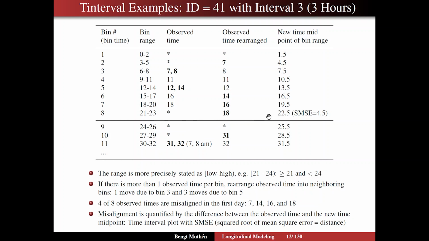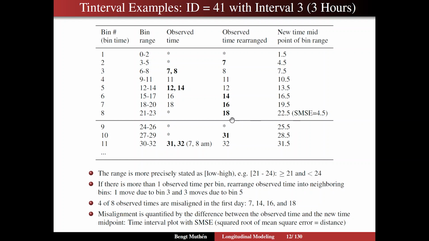So the distance, which is used to gauge the misalignment issue, is 4.5 for that person. And we have information in the plot output about this kind of misalignment per person and overall across persons for different time interval choices.